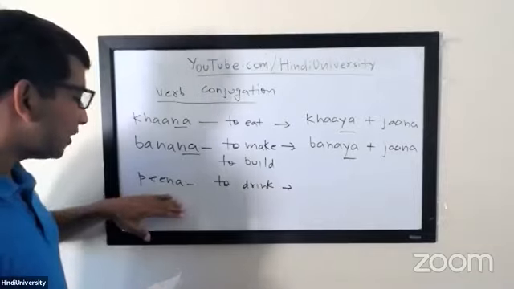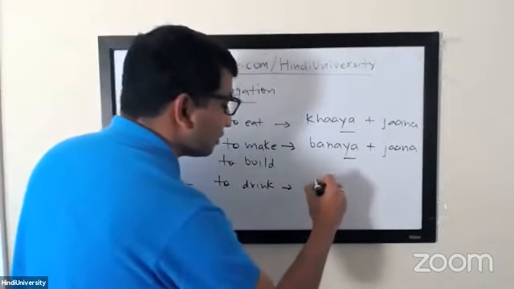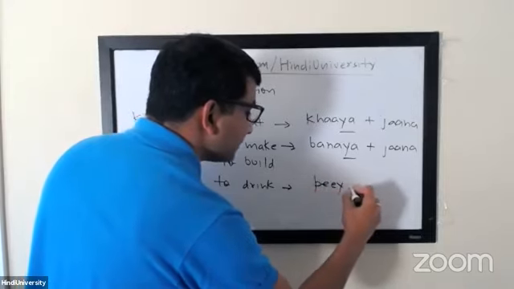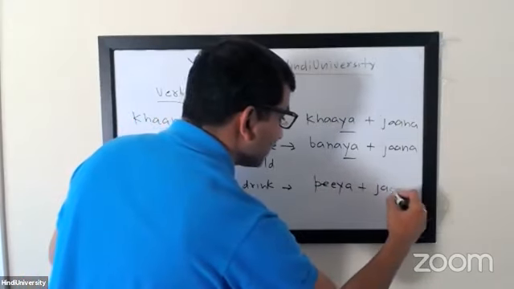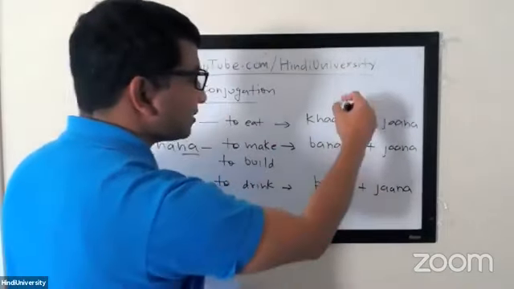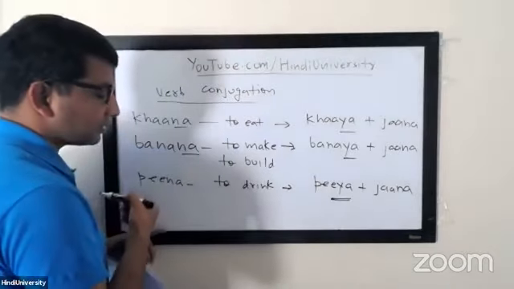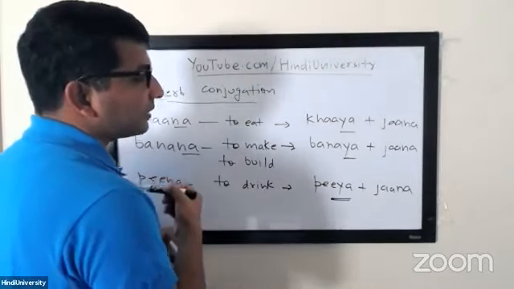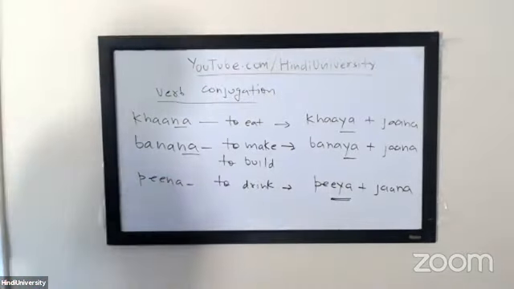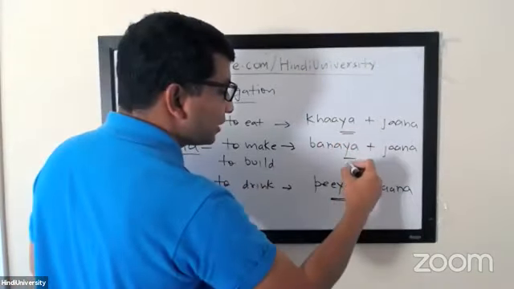The verb is pina, to drink. So it's basically, as you said, pia plus jana. And we are assuming right now that the noun in the front is masculine singular. But as I said, this will change.